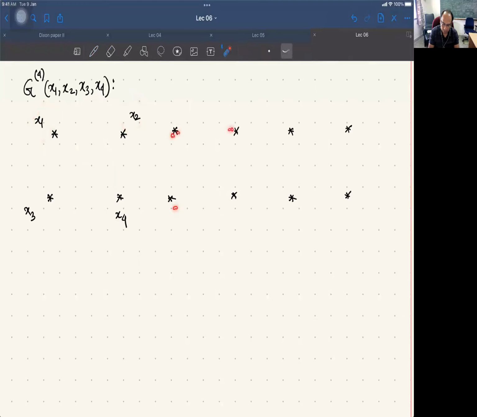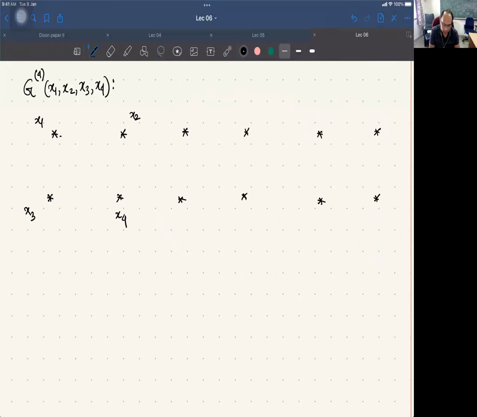Like this is x1, x2, x3, x4, x1, x2, x3, x4. There are three diagrams I plan to draw. And the claim is that those are the three topological possibilities.